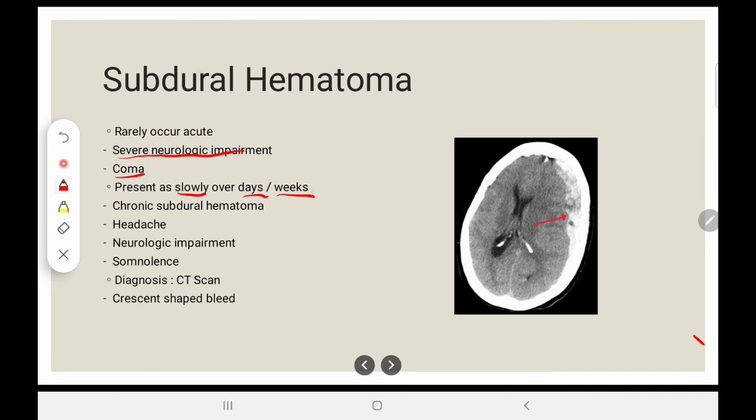Chronic subdural hematoma. The symptoms are headache, neurologic impairment, and somnolence. Meanwhile, the acute form has severe neurologic impairment and coma. Diagnosis of subdural hematoma is by CT scan, which shows a crescent-shaped, moon-shaped appearance.